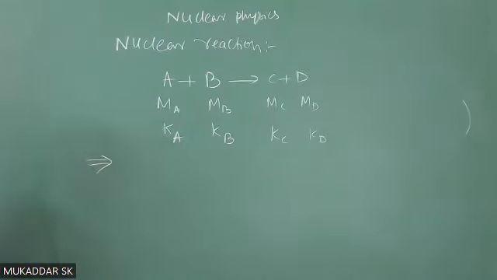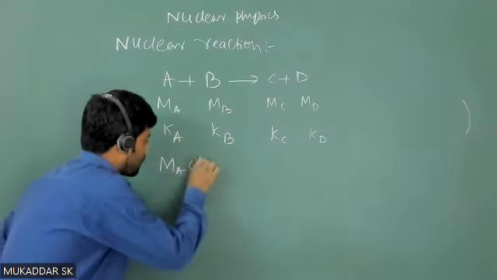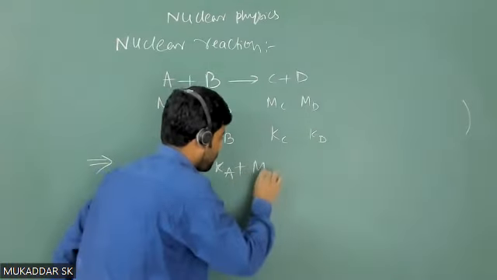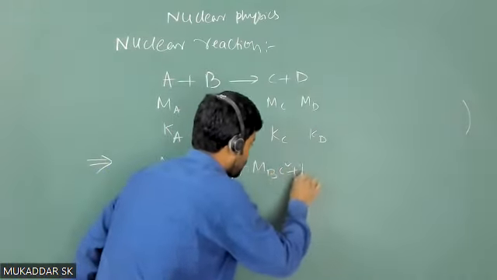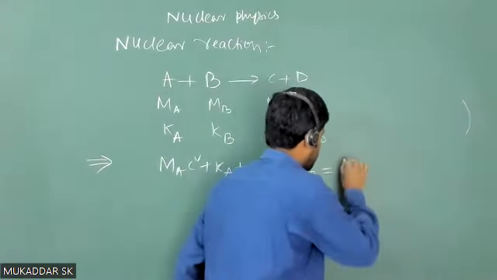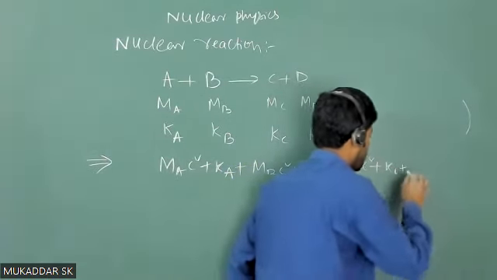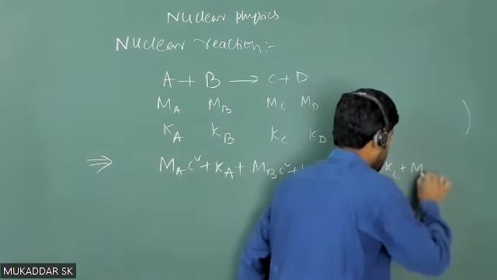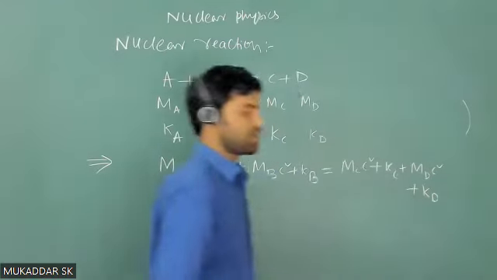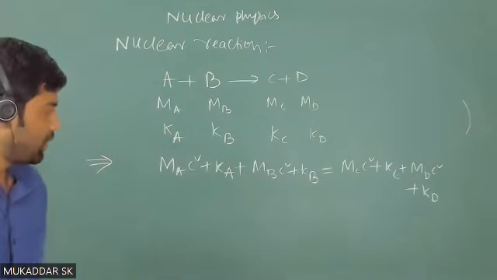So if I apply conservation of energy, I can write Ma C square plus Ka, that is the total energy of A nucleus, then Mb C square plus Kb, that should be equal to Mc C square plus Kc plus Md C square plus Kd. This is arising from conservation of energy. Energy should be conserved for any decay or any reaction.